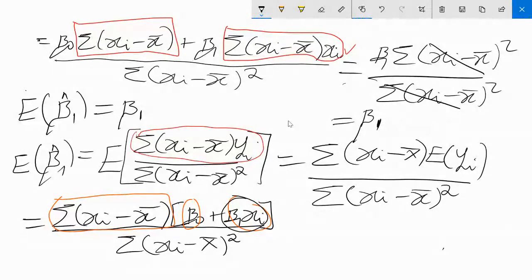Okay, thank you. So let's go to beta 0. Remember, we have two regression coefficients, beta 1 and beta 0. We managed to show that the expected value of beta 1 hat is equal to beta 1. Now let's go to the second one, beta 0 hat, which is equal to y bar minus beta 1 hat x bar.